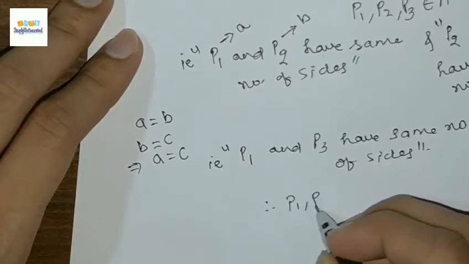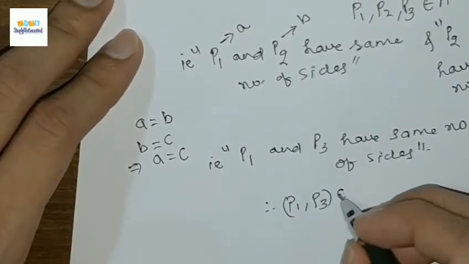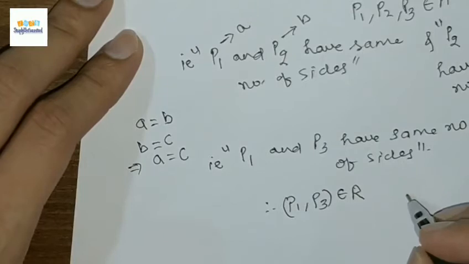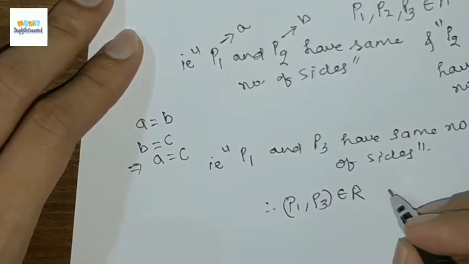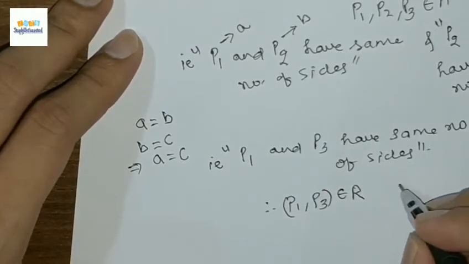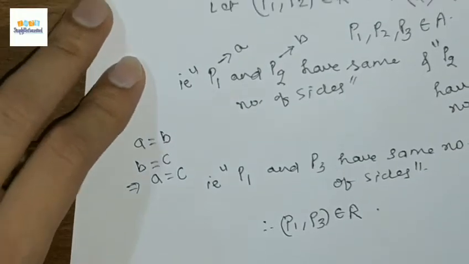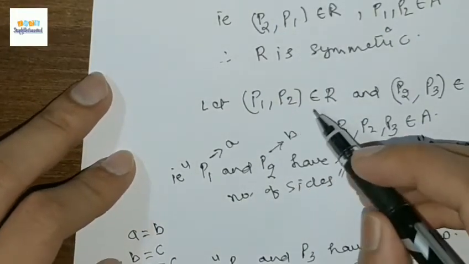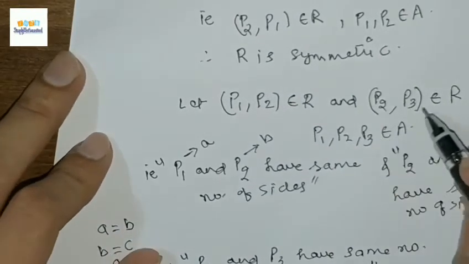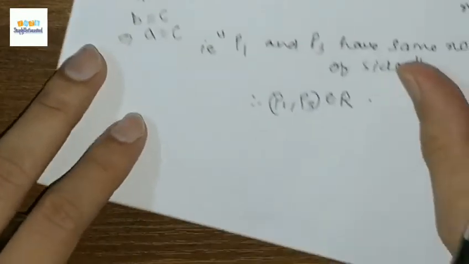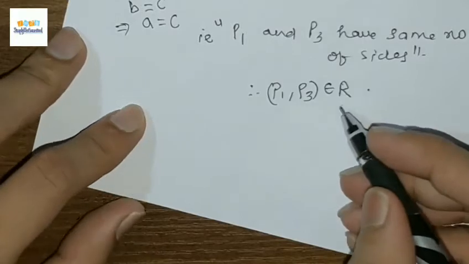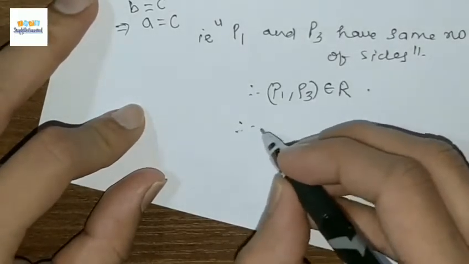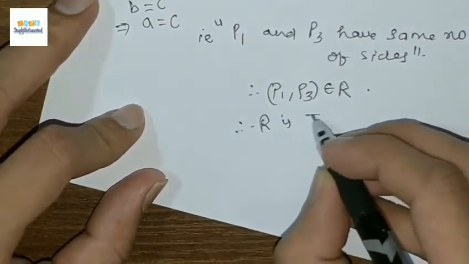Therefore, P1, P3 belong to the set R. So if P1, P2 belong to R and P2, P3 belong to R, it implies that P1, P3 belong to R. Therefore, R is transitive.